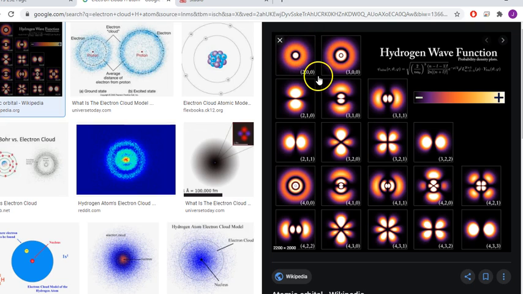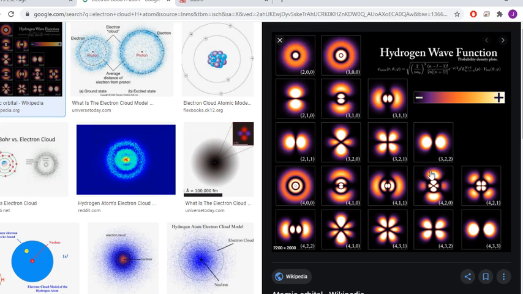You can see it's spherically symmetric. Now, if you look at the 2, 0, 0 subshell, you're very likely to find the electron in this region. Very low probability of finding the electron here. And then an increased probability of finding it out here.